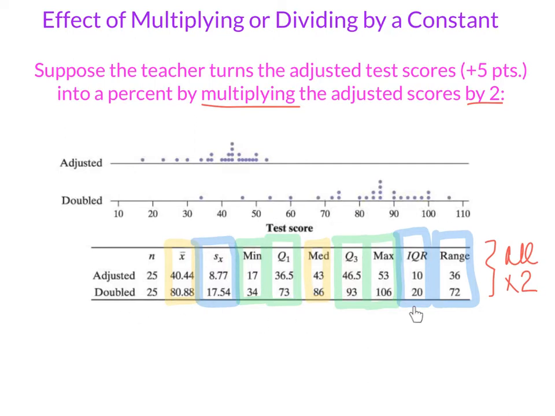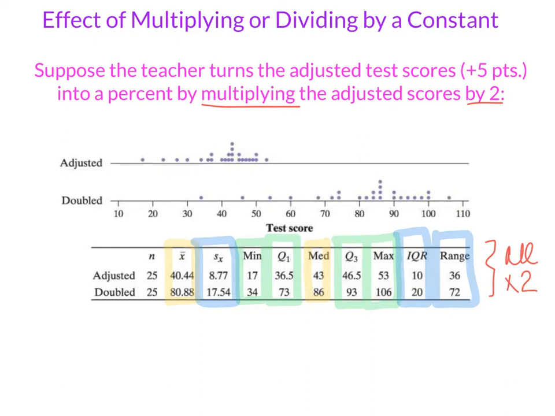So what do you notice about the adjusted scores versus the doubled scores? In all of our categories, I notice that mean doubles, standard deviation doubles, minimum doubles, Q1 doubles, median, Q3, max, IQR, and range, they all double.